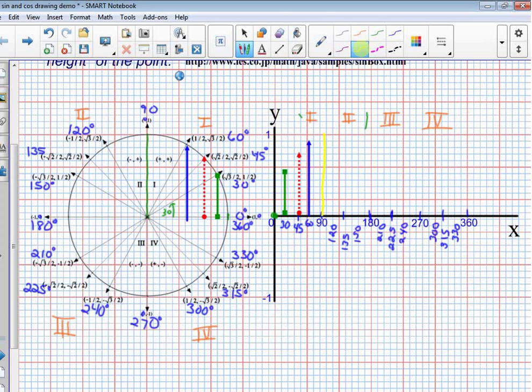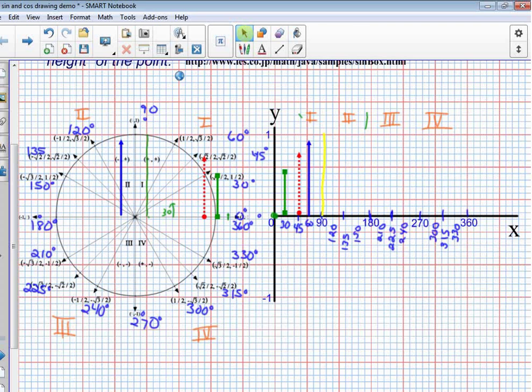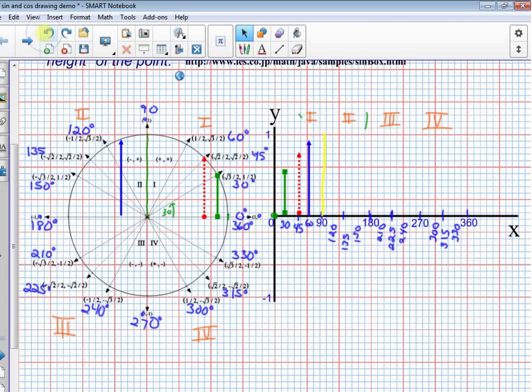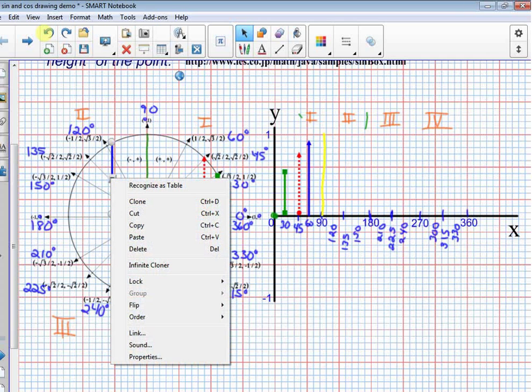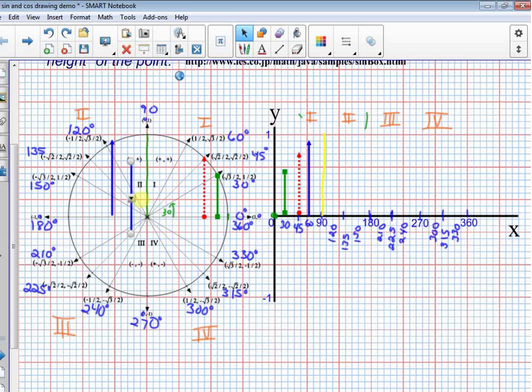Now, when I get into quadrant 2, I could take and move this piece over here. If I move that piece over there, it's going to hit about the 120 height. So I want to clone this, and then move it over to 120 over here.